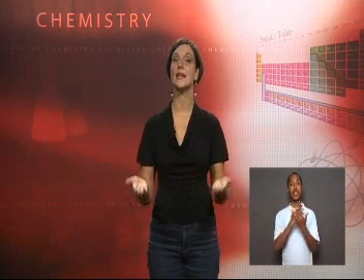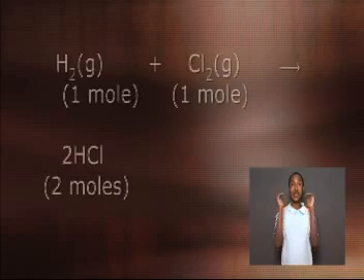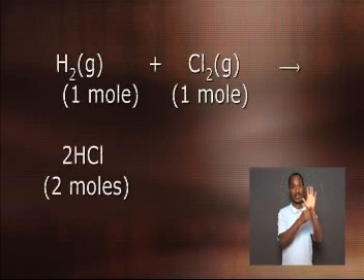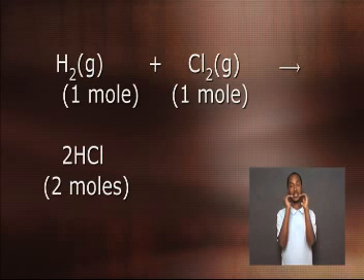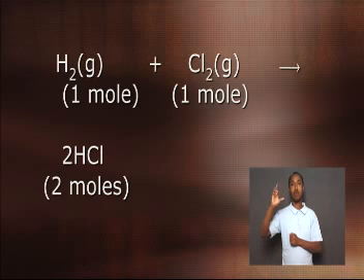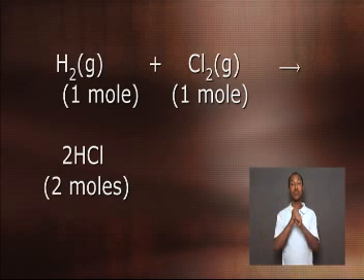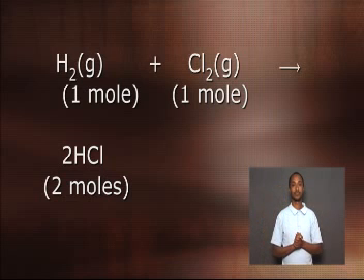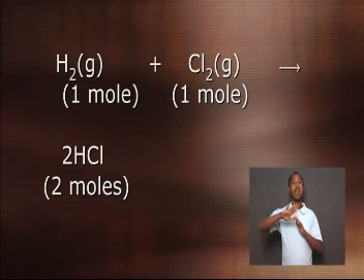Let us move on with our lesson by looking at an example. Students, please look at this equation. In this equation, 1 mole of hydrogen reacts with 1 mole of chlorine to produce 2 moles of hydrogen chloride. Thus, all the reactants have been consumed, and all that is left are the products.